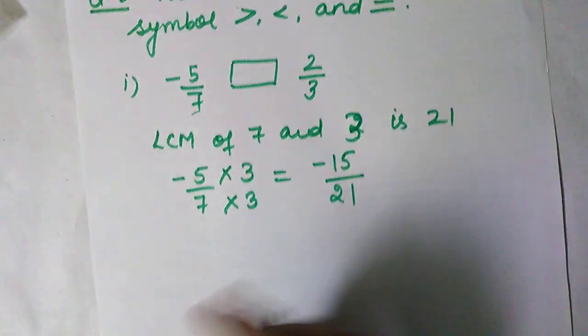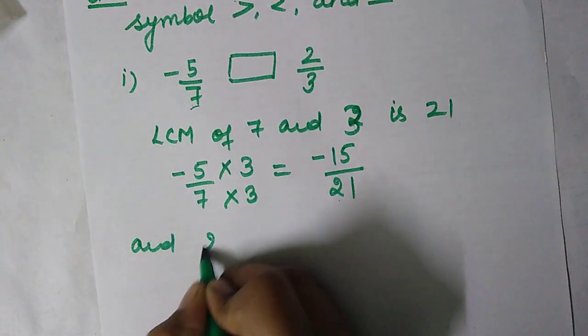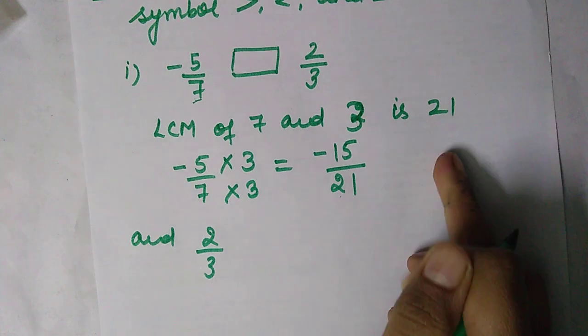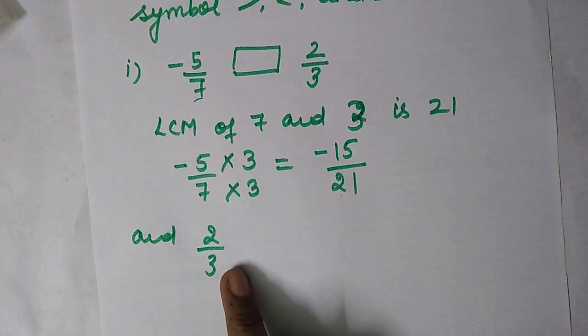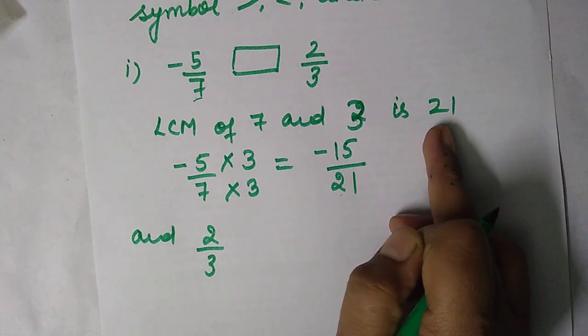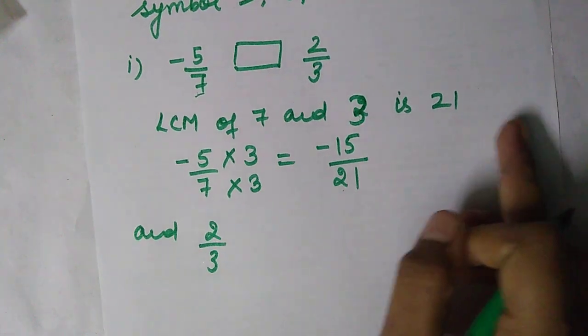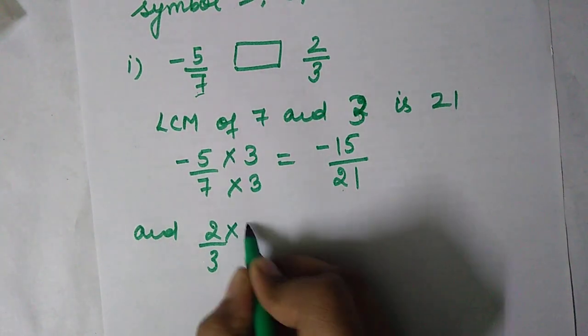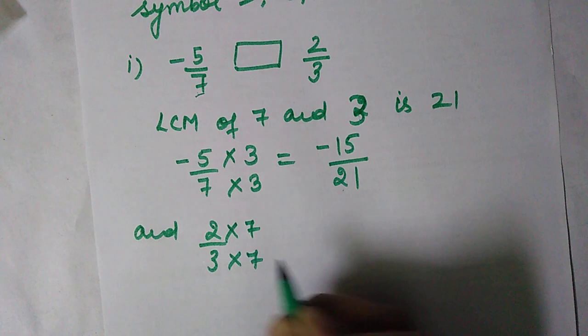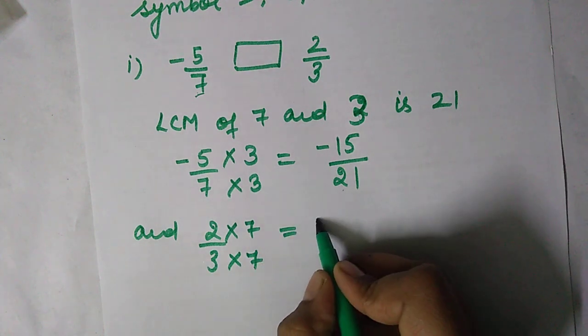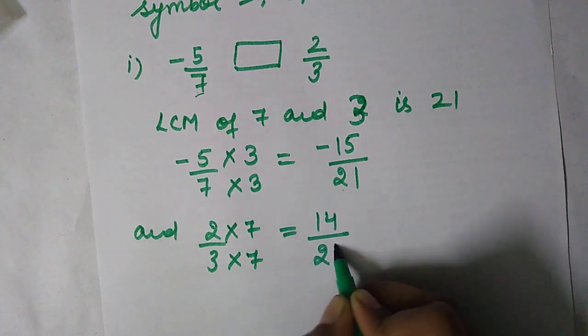Second one, 2 by 3. I have to make the denominator equal to the LCM, so you have to think which number should be multiplied with the numerator and denominator so that the denominator is 21. For that you multiply by 7. So it will be 7 twos are 14 over 7 threes are 21.